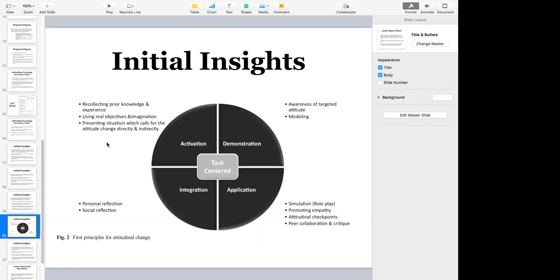So they create dissonance in their attitudes and therefore are more vulnerable to rethink what they think and what they really believe in.